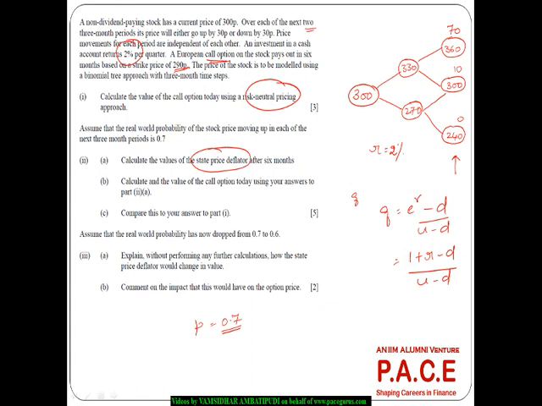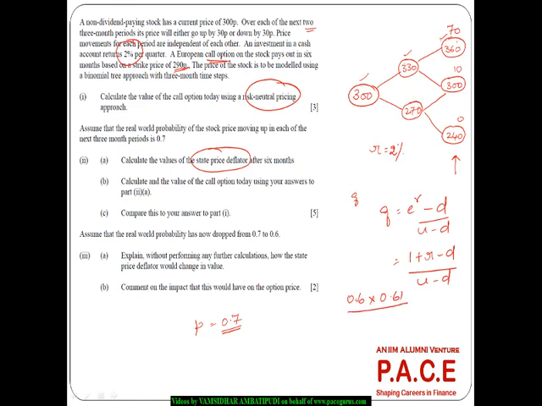Now the state price deflator for us is nothing but, if it has to come here, it has to pass through this and this, right? So I'm trying to take the Qs at each of these points. I know that the Q at that node is 0.6, the Q at the next one is 0.61.